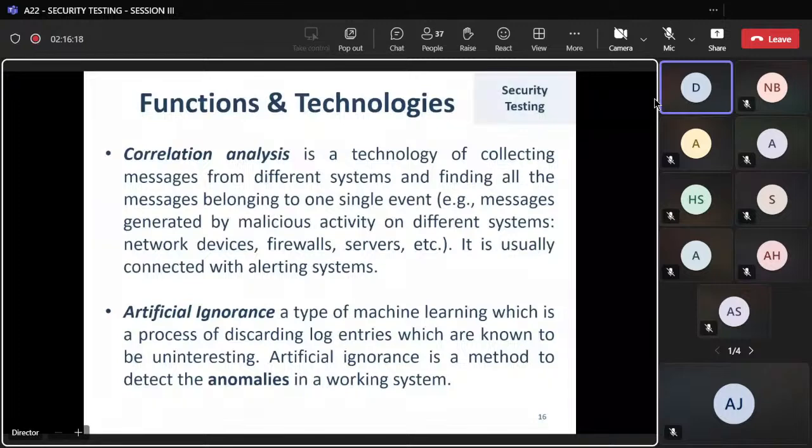If it is normal traffic, it will be ignored, removed, discarded. But if there is a deviation, an anomaly from the normal pattern, then it can identify this as a suspicious event or activity which needs further investigation. That will help to identify any kind of suspicious events.